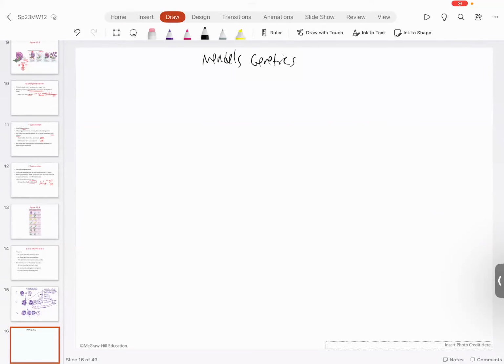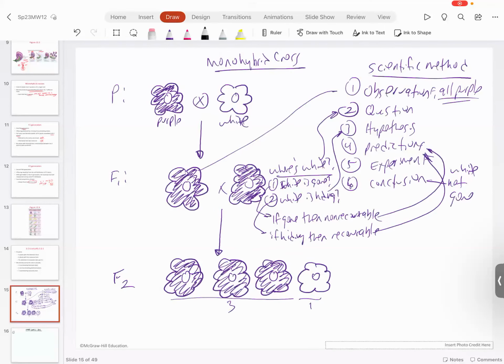I'm going to call it genetics ideas. The first one that we can get from our data is that there is like a packet of instructions. It's a particulate. This suggests a particulate inheritance.